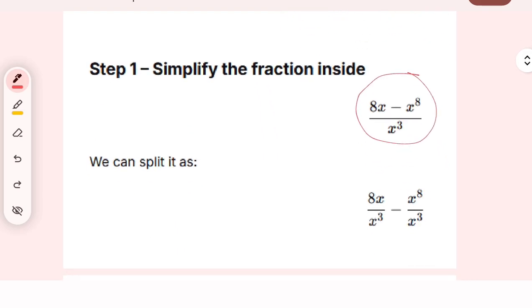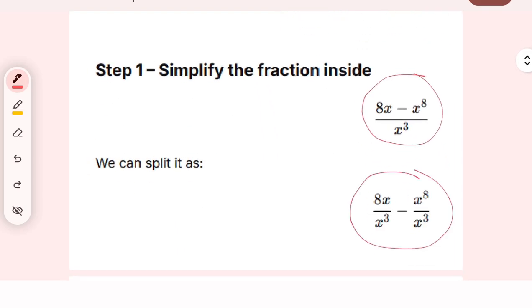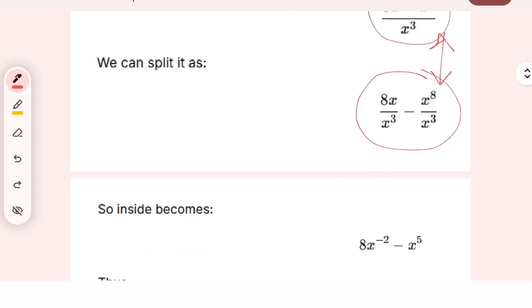So we can simplify it to look like this: 8x divided by x cubed minus x to the 8 over x cubed. So these two are just simply equal. We simply split it into two fractions: 8x divided by x cubed minus x to the 8 divided by x cubed.